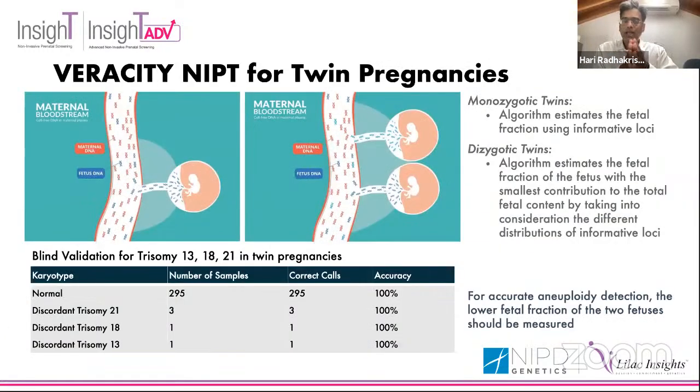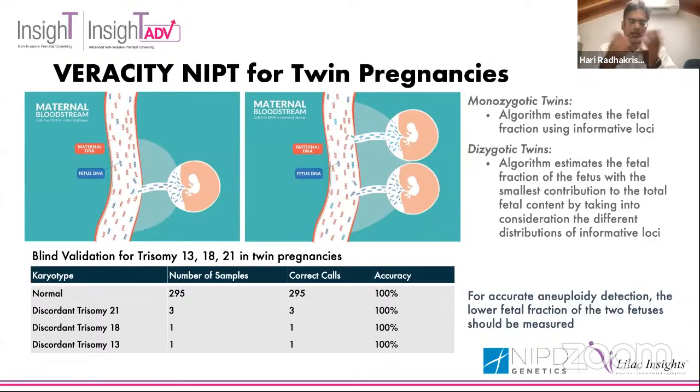We can also do NIPT in twin pregnancies, and it's very important to consider here that when you have a dizygotic, dichorionic twin pregnancy, the fetal fraction representation from each placenta is going to be different. For accurate aneuploidy detection, we have to measure the fetal fraction contribution from each placenta independently.